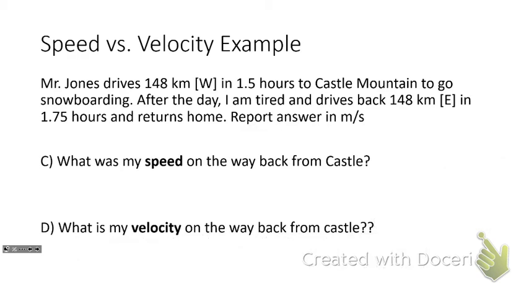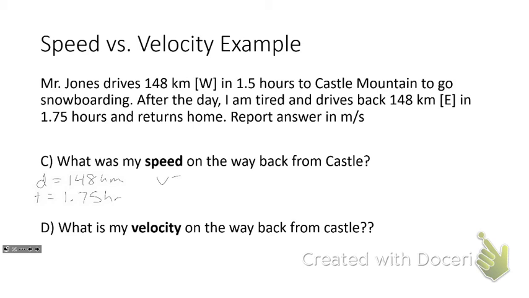So, after the day, I am tired and it takes me a little bit longer to drive back. So for speed, my distance is still 148 kilometers. My time now is 1.75 hours.